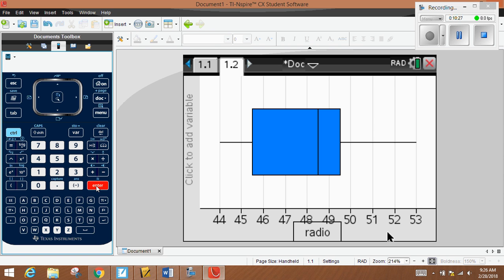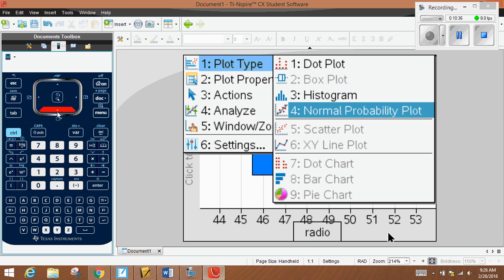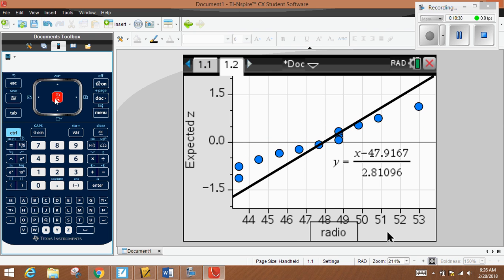Okay? Another one that you can look at, though, that is also helpful, if you're not sure, is your normal probability plot. So go to Menu, Plot Type, Normal Probability Plot. If your points roughly follow that line, then you can also assume normality.